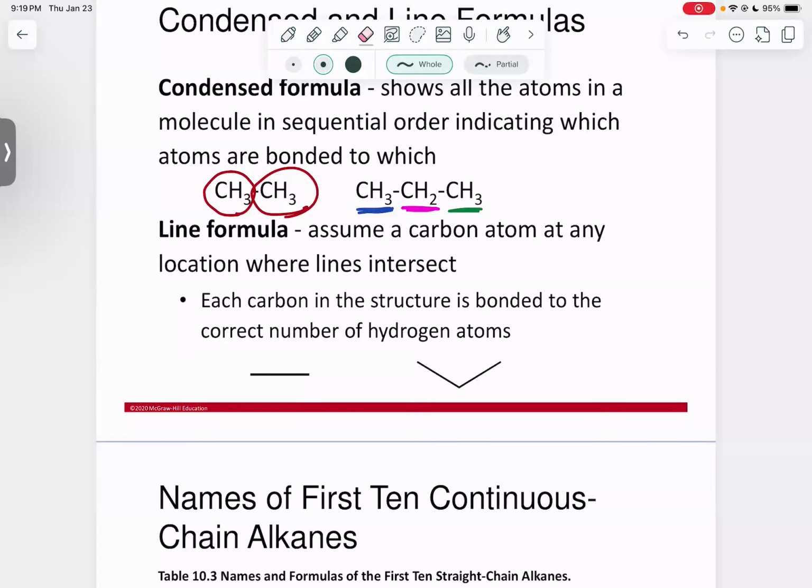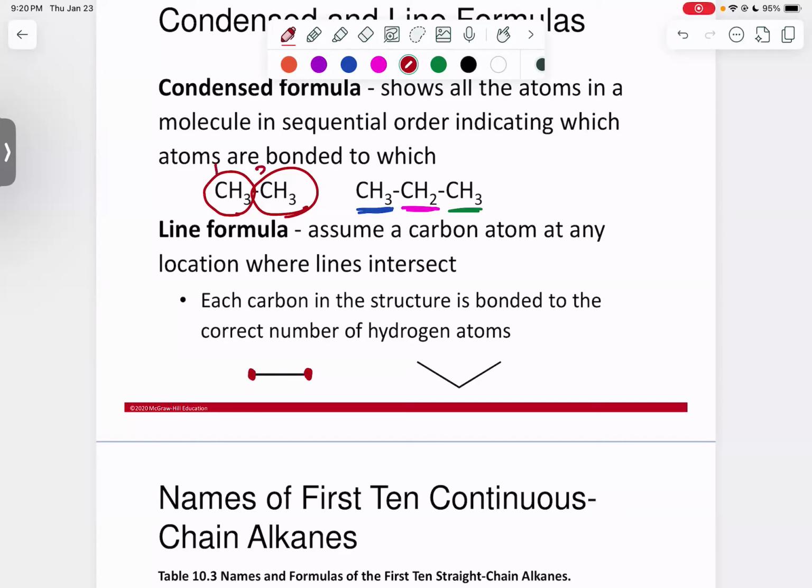So basically what you do is you count the number of carbons you have in your chain. And each carbon in the structure, you just leave as basically the end of a line or an intersection of a line. So if you look at this very first example here, we only have 2 carbons, and I'm going to go ahead and put the dots in, and the dots correspond to the carbons.